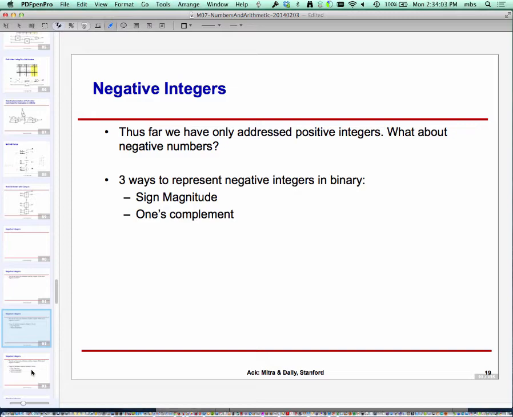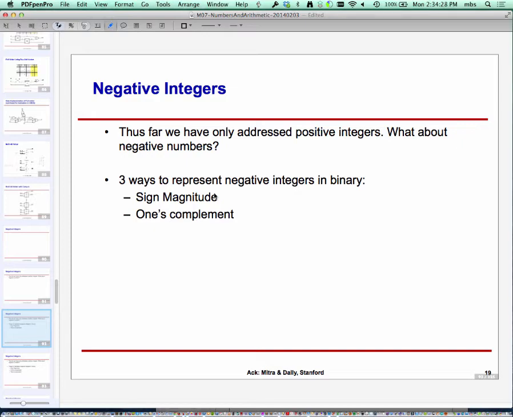This way of representing numbers is called sign magnitude. I have a magnitude separate, sign separate. That's one approach, and the big advantage is that we humans think like that. We think of sign separately and we think of magnitude separately. The problem though is that doing arithmetic on this leads to costlier hardware.